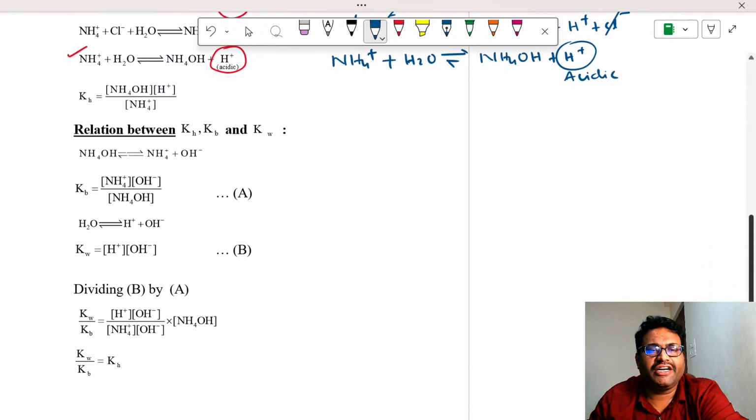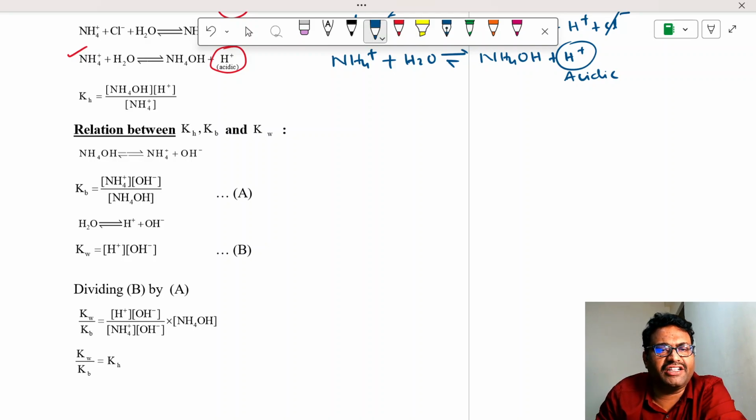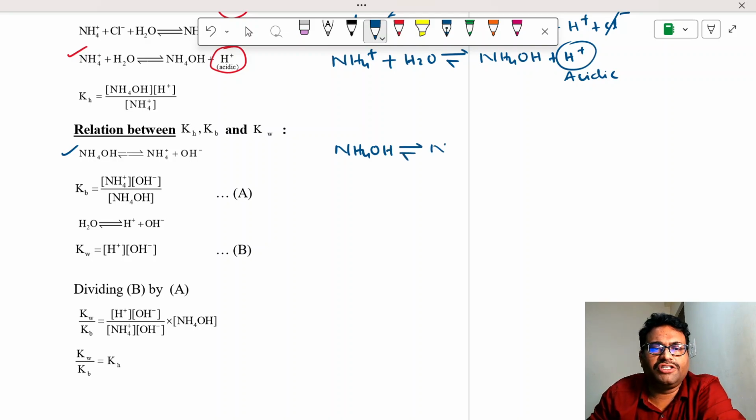Right. Let us see here the relation between KH, KB and KW. Here we are speaking about the salt from weak base and strong acid. So we are taking that weak base. For this weak base, NH4OH dissolves into NH4 plus OH minus.